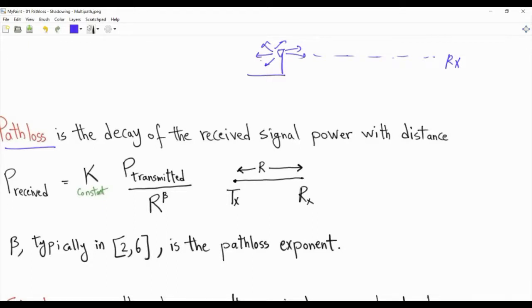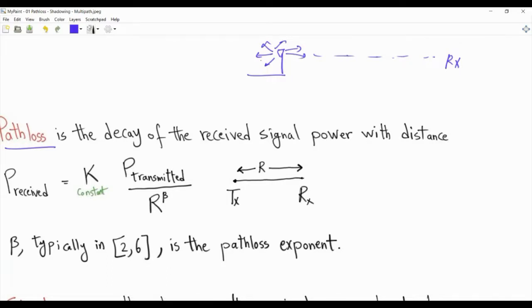And so the power density, the power per unit area at distance d, will decay as d squared. So you put a receiver at distance d, and you will get some power. If you increase d, this power will get smaller.